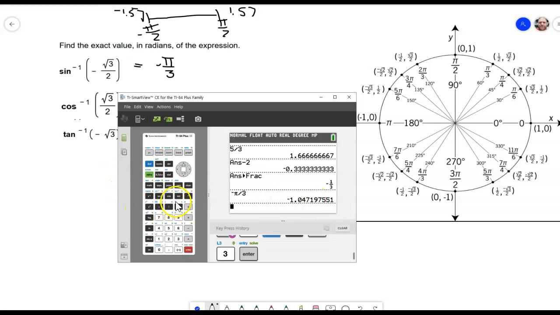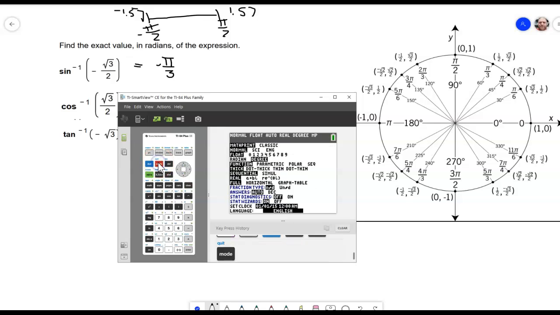So you see the inverse functions are right above the actual functions there. It actually doesn't even matter if you are in radians or degrees, I believe, for this one. Well, actually it does, right? Because it's giving us this answer, we need to be in radians.